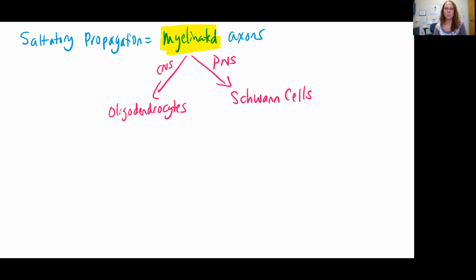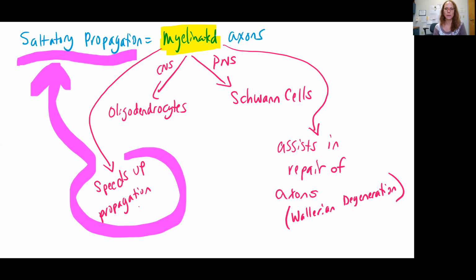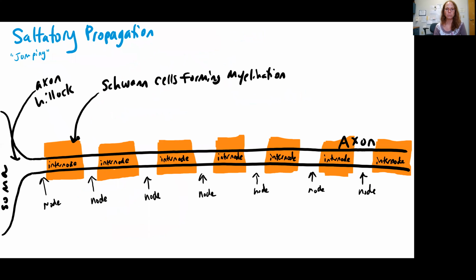So remember, these are examples of our neuroglia cells. Again, saltatory propagation, that myelination, we're speeding up the propagation. And we also see myelination is important in the repair of axons. So we'll talk about Wallerian degeneration.